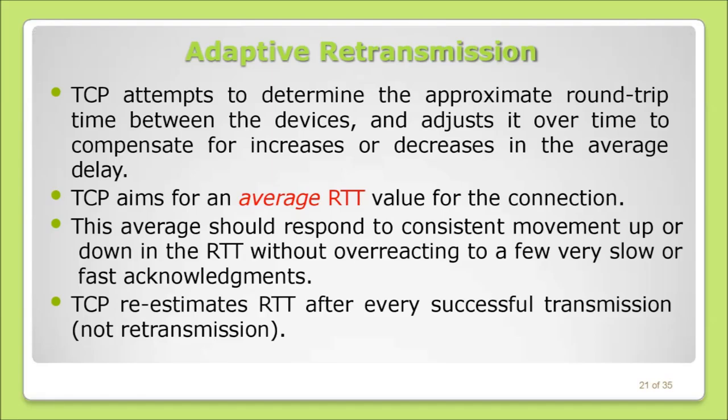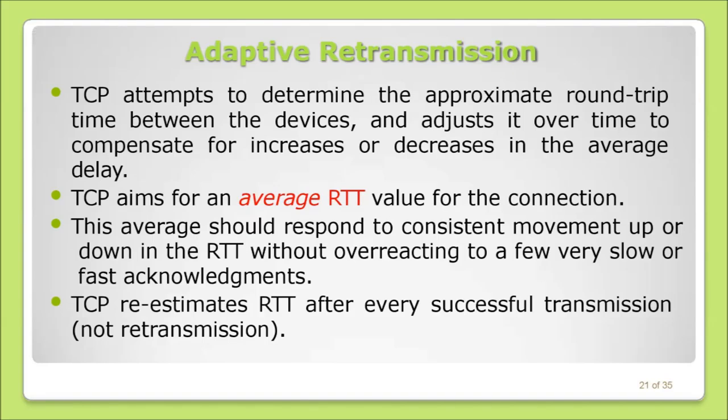Second point, TCP aims for an average round trip time value for the connection. Average round trip time means if the request is sent 4 times and the time to process the request varies, all that time is calculated in an average manner.